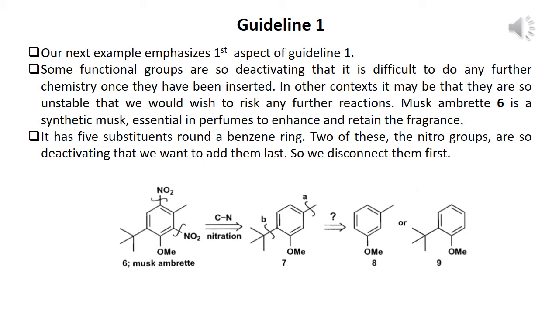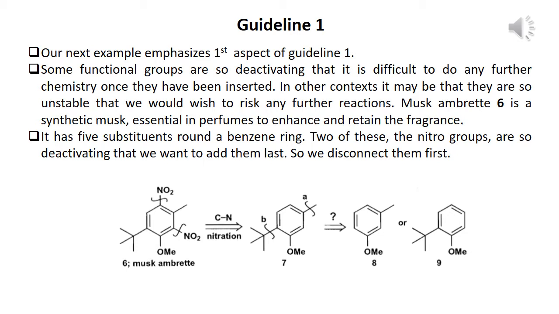Those that are disconnected first will be added last. So the rule: the first disconnection will be added at the last. So disconnect nitro, because it is deactivating; it should not be added first, it should be added last. We have disconnected them and the result is compound number 7.